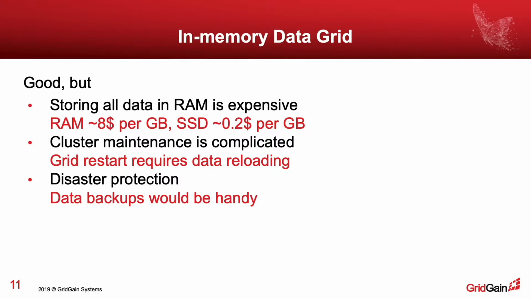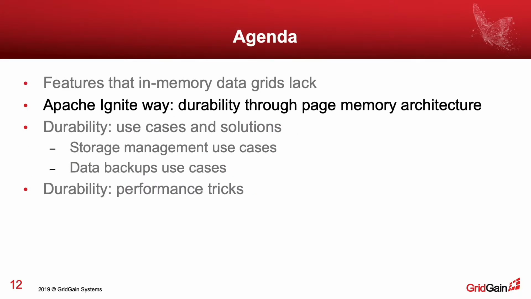So it would be really handy, when you work with an in-memory system, to be able to create and restore backups. Durability mode, which is a good addition to a regular in-memory deployment, can solve all of these use cases. Okay, let's move to the lower level and talk about how we implemented durability mode.